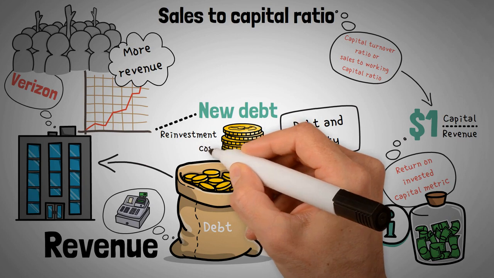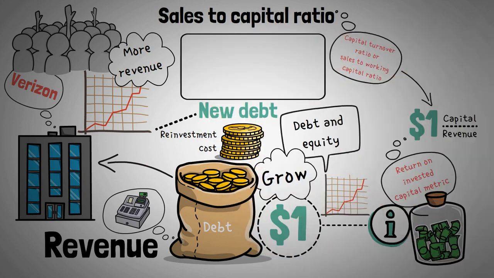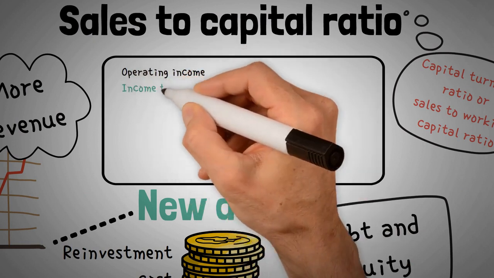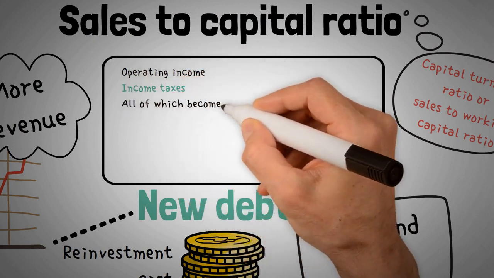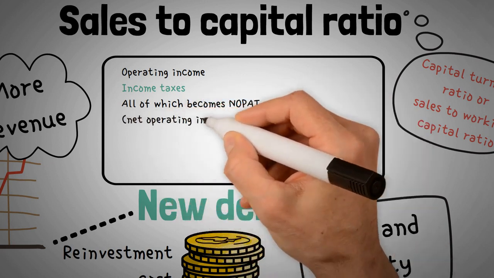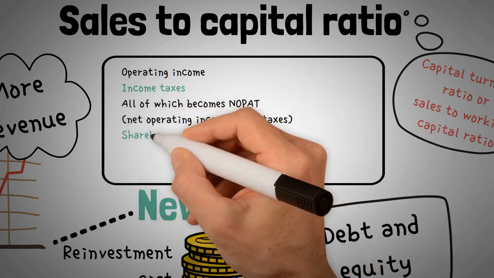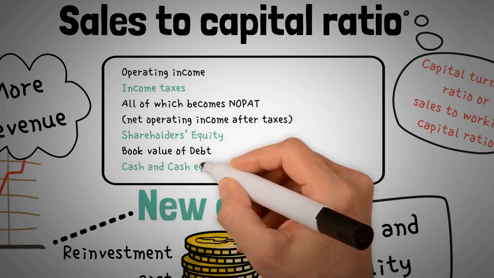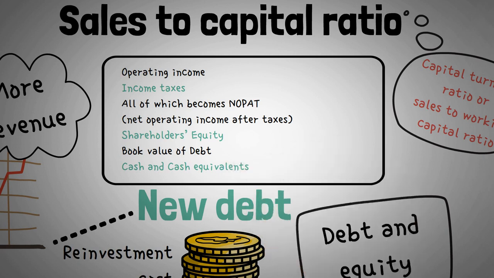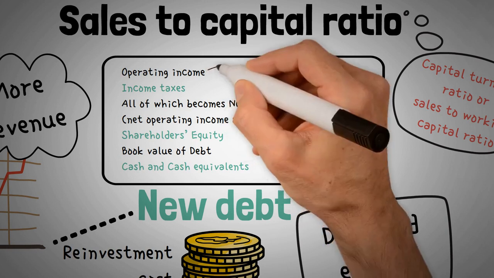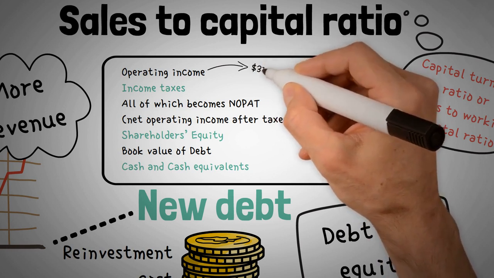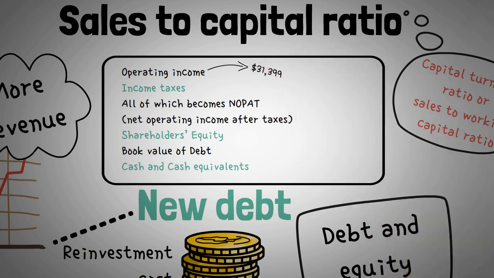To calculate the return on invested capital, we need a few inputs: operating income, income taxes, all of which become NOPAT, or net operating income after taxes, shareholders' equity, book value of debt, and cash and cash equivalents. So, for example, the ROIC for Verizon for the year ending 2020, taking the numbers from the latest 10-K: operating income, $31,399.